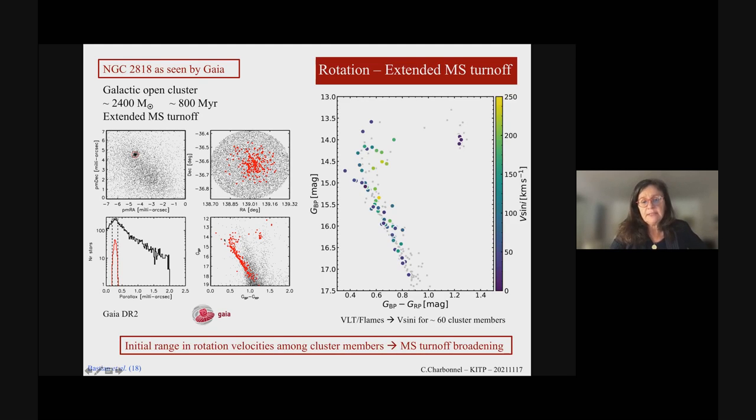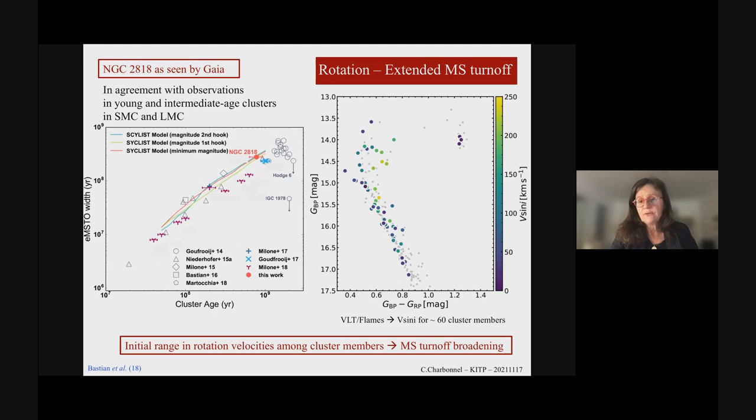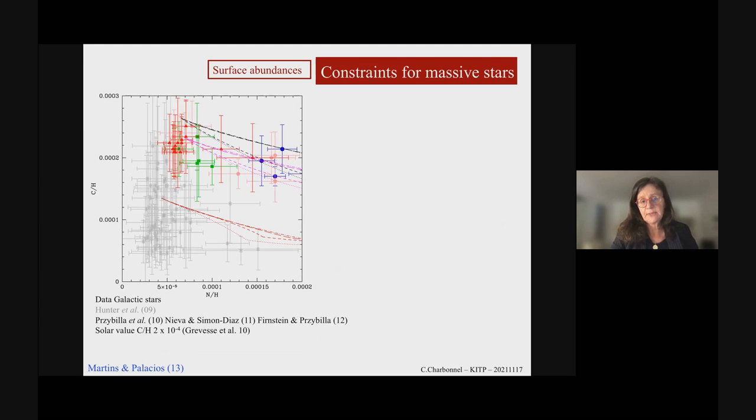And in these stars, the rotation velocity has been determined through spectroscopy. And you can see that the stars which are broadened, which are on the right side of the main sequence, are actually also the fastest rotators. So this is a strong indication that rotation is more important than convection in this case. So I will skip this.